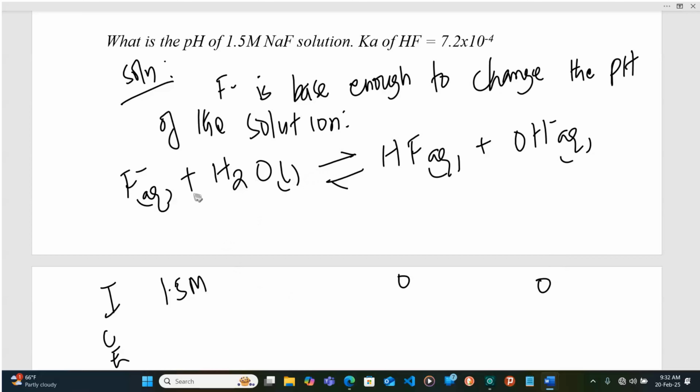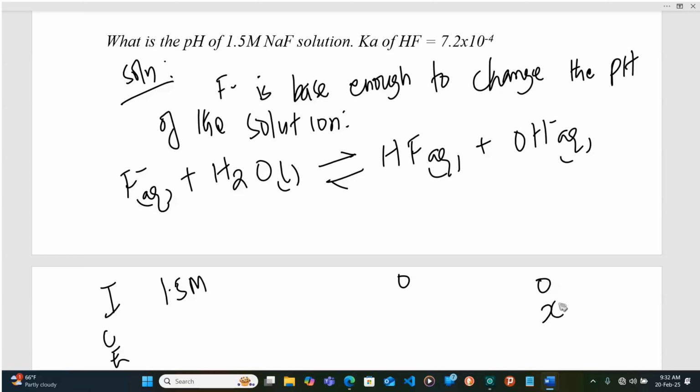And since we have 0 of hydroxide ions and the hydrofluoric acid, the reaction has to take place in the forward direction, meaning after some time we have a change in the number of moles or concentration for hydroxide and for this HF.